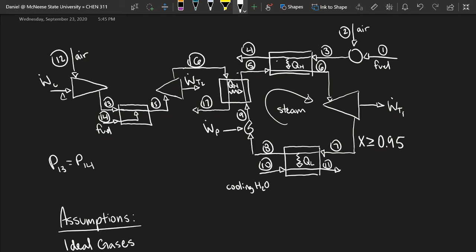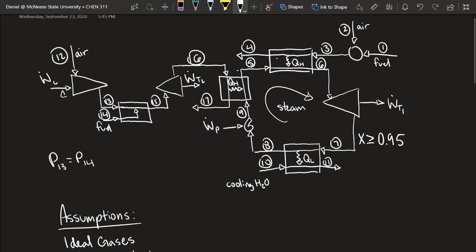You're putting too much liquid water through that turbine, causing it to rust, I suppose. I'm not quite positive. I just know that it decreases the life of a turbine, and you wouldn't want to do that. So you keep the quality above 0.95 right there.